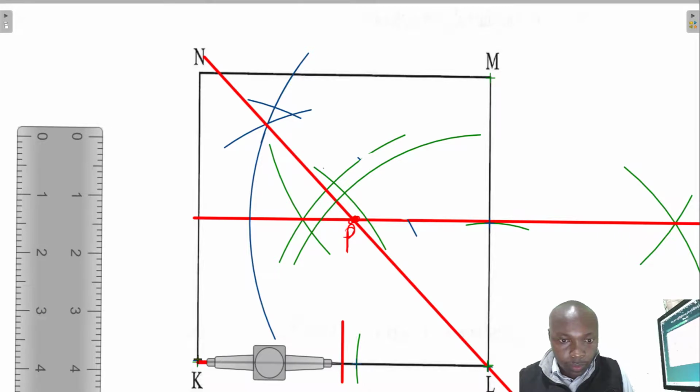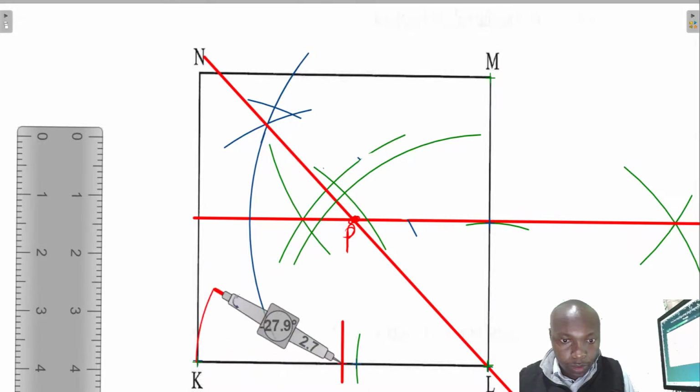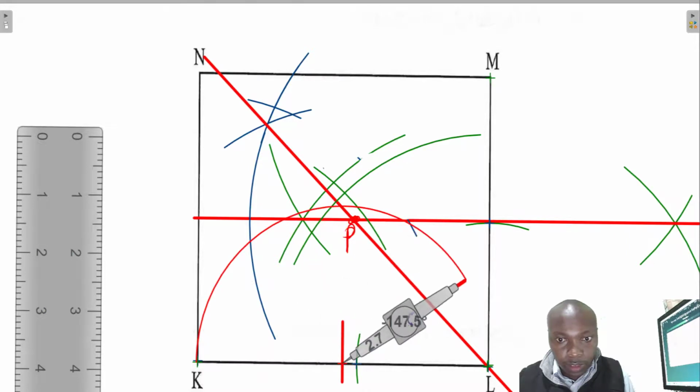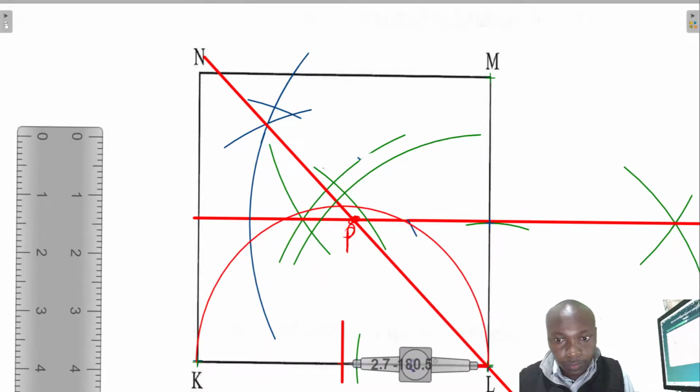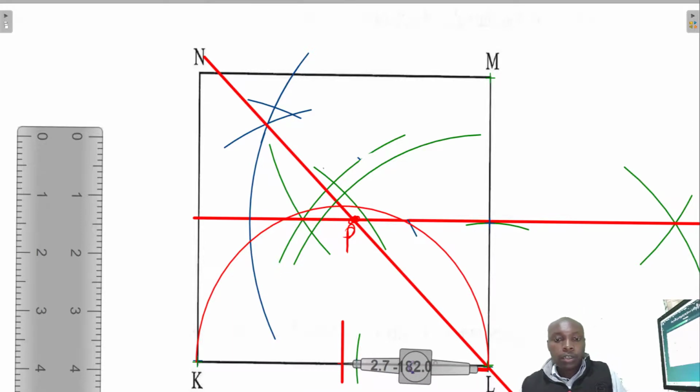So if you draw the circle, that locus, you can see it is forming a circle.